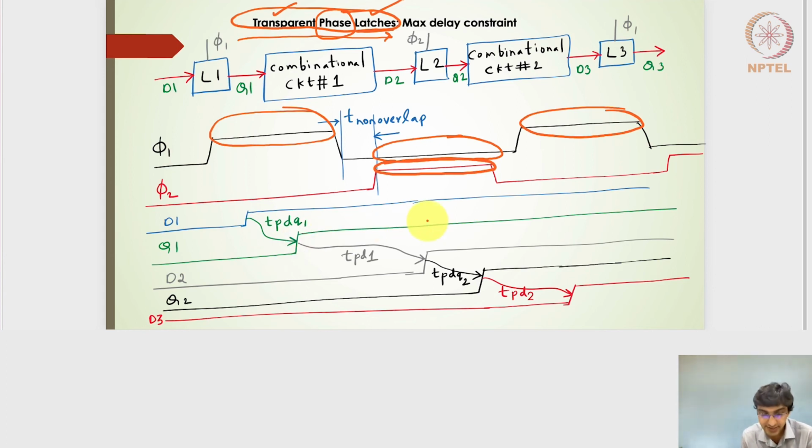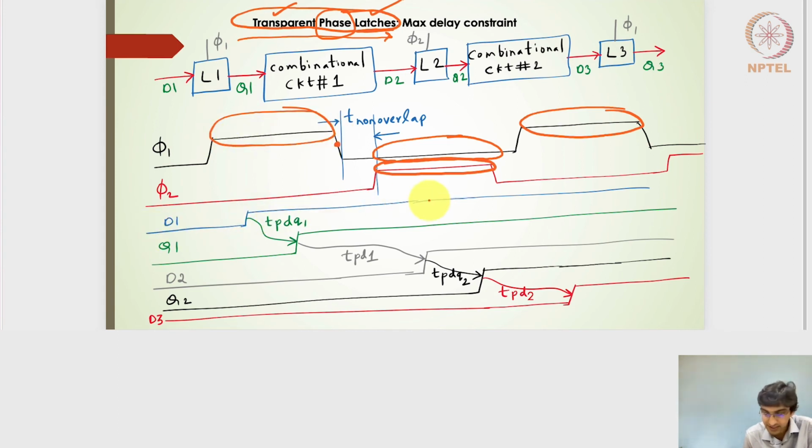And the farthest the D1 signal can come with respect to the clock level high will be nothing but the T setup time before the clock goes low, right? So the T setup time before the falling edge of this clock. Until then we have the high level of the clock, so it should be able to capture it easily.